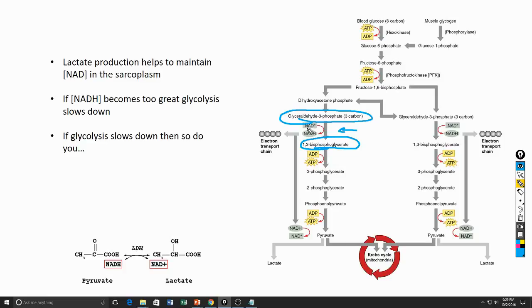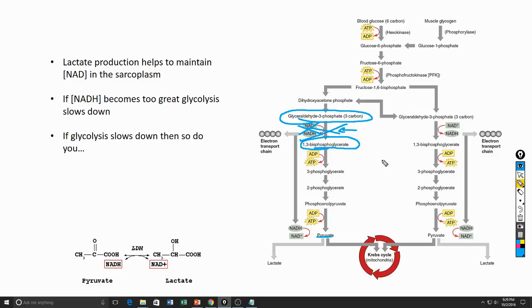So you see here, it's NAD plus. It's ready to take a hydrogen. It's going to take a hydrogen off of this guy, and that helps to get this reaction going. If this gets knocked out, then we can't do this, and instead of our glucose turning into pyruvate, our glucose turns into glyceraldehyde 3-phosphate.